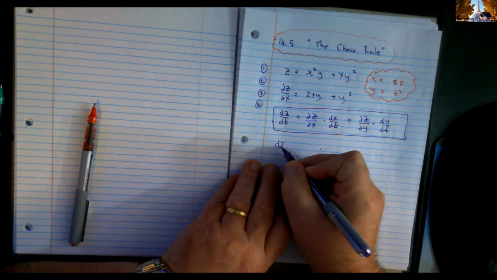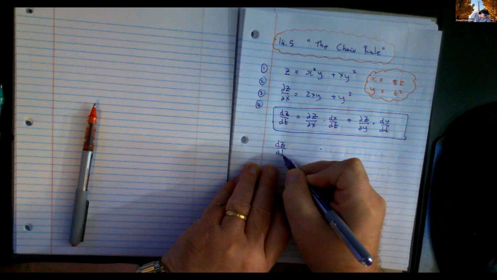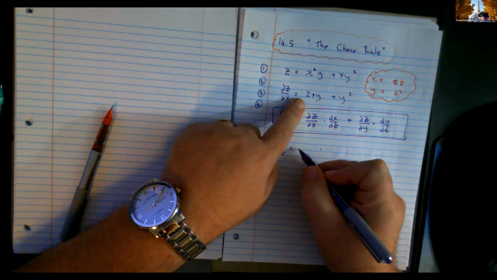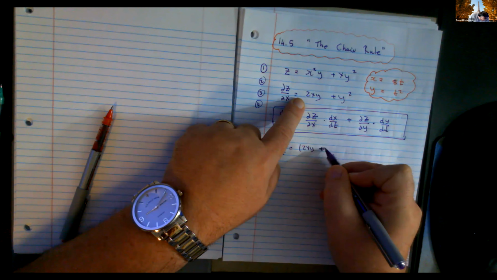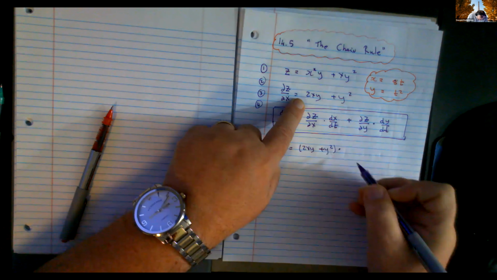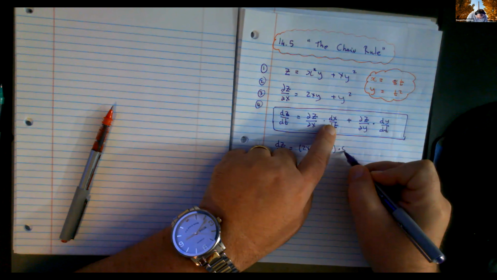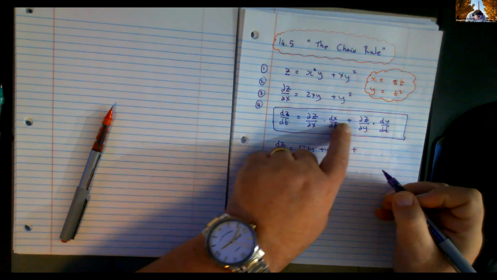The derivative with respect to t, dz by dt, is the partial derivative, so that's 2xy plus y squared times dx by dt, which in this case is just 8, plus dz by dy.